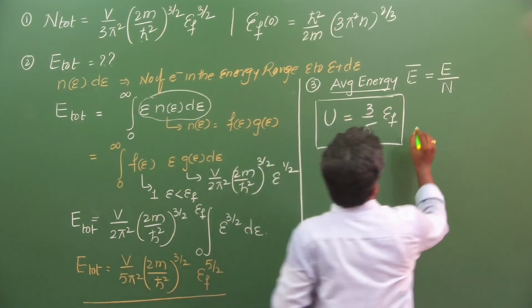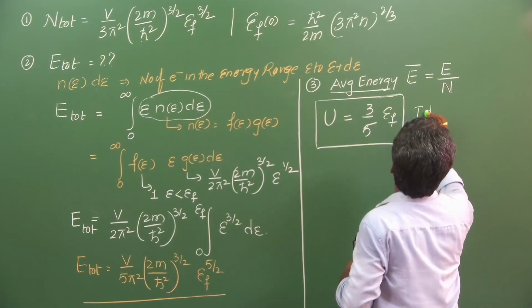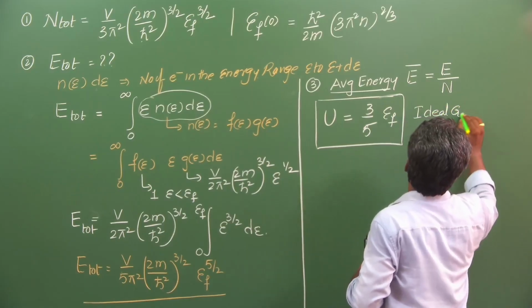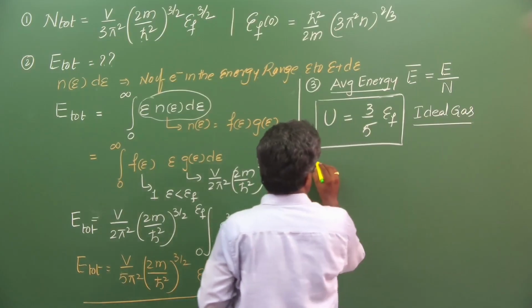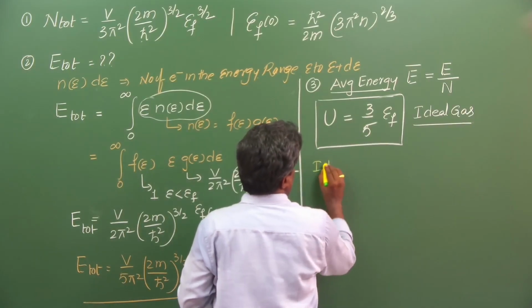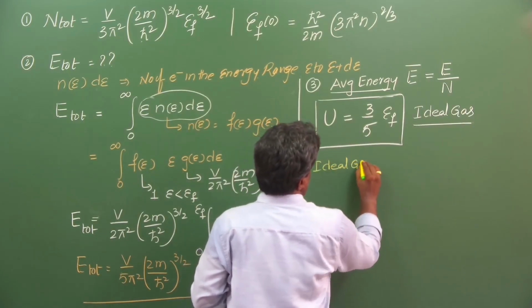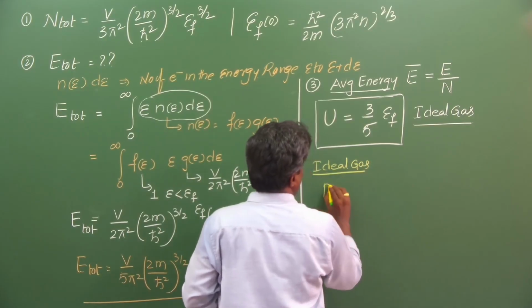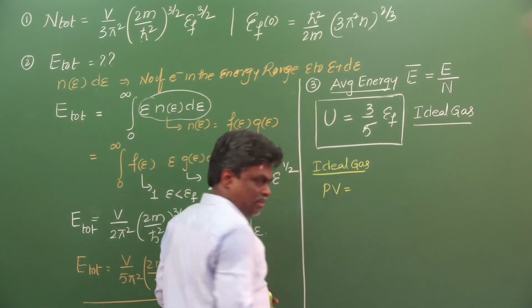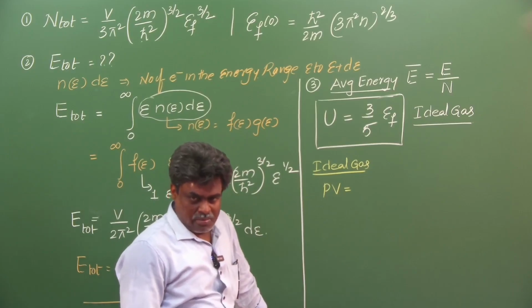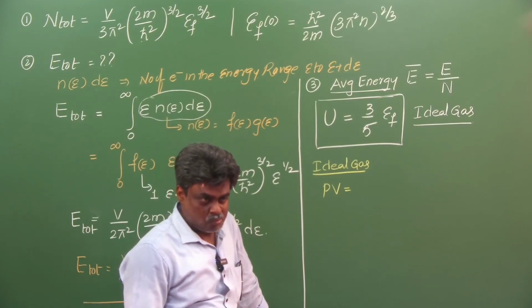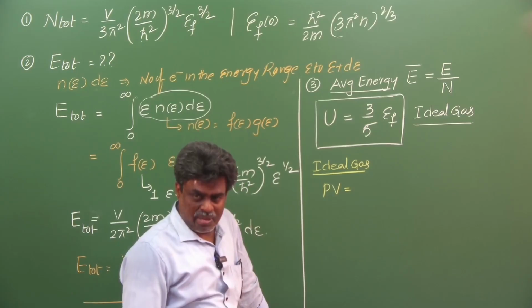What have you taken? Ideal gas. Do you know the ideal gas equation? PV equal to nRT. Any other formula is there? PV equal to average energy and PV, any relation, do you know?